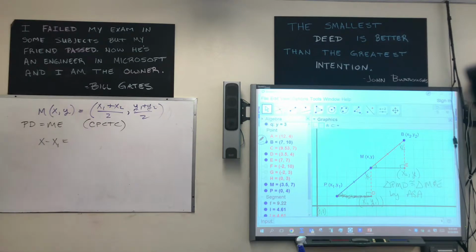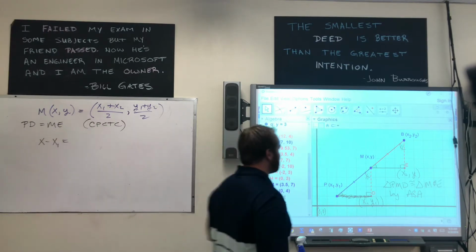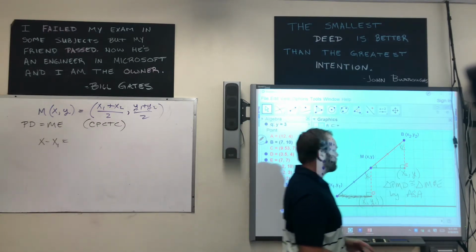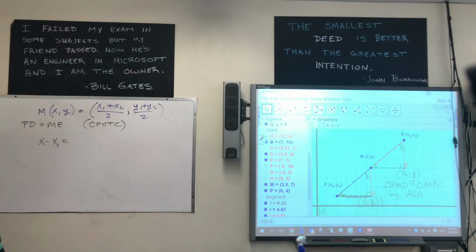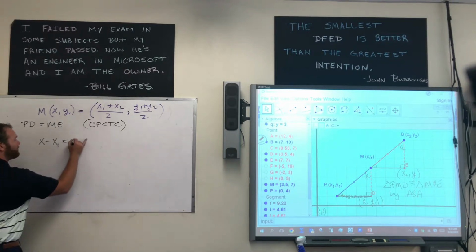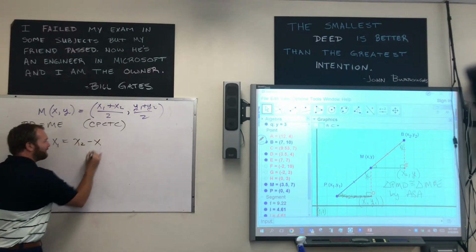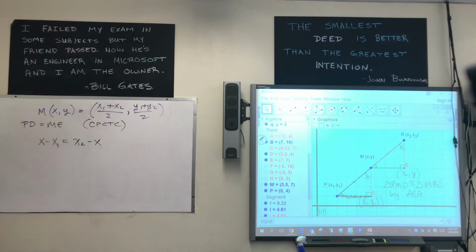And that should give me the distance from P to D, right? Okay. Well, if that's the case, then NE, I should be able to do a similar procedure with NE. Okay, so I'm going to look at those coordinates of x2 and x, right? I'll subtract those. x2 is to the right. I'll make that a larger value and subtract from the smaller one of x. And now I've got an equation.